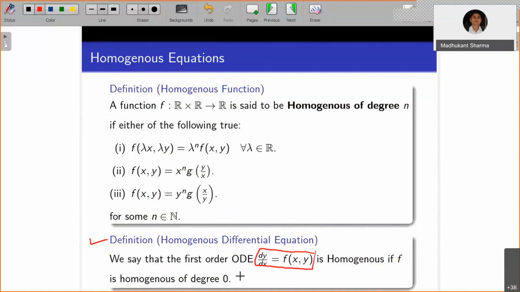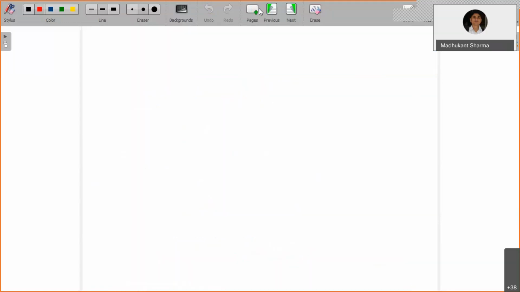Then we will proceed. Once you have a homogeneous differential equation, only then will we proceed. In other words, sometimes there may be a case like dy by dx equals f of xy, and you may have the special case h1 of x comma y divided by h2 of x comma y.